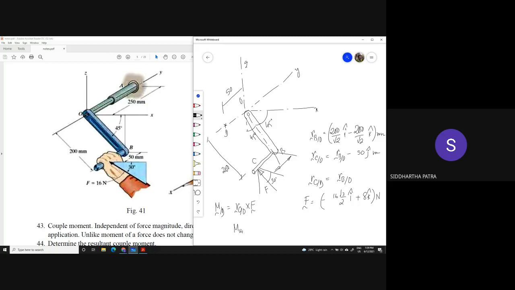So basically moment about the y-axis, or y component of the moment, is going to be j dot this moment right here. And you can check whether you take point O over here or D over here or some other point A over here, you are always going to get the same value of the y component of the moment. Okay, moment about a given axis is essentially the Cartesian component of the moment in that axis.